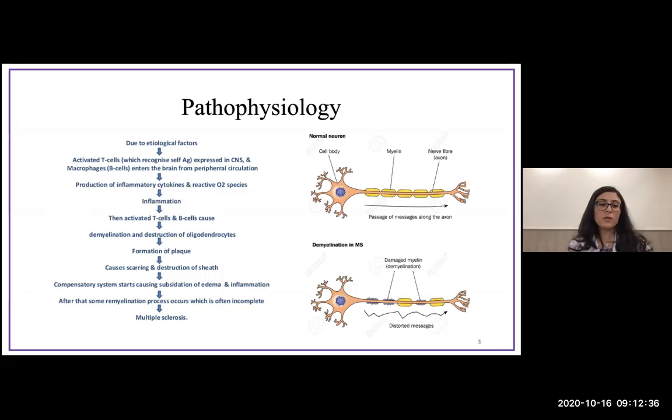There's also an association between B cells and multiple sclerosis. You have normal nerve conduction in a normal nerve fiber, and the T cells come and attack the myelin. It gets damaged, so the signals get distorted.